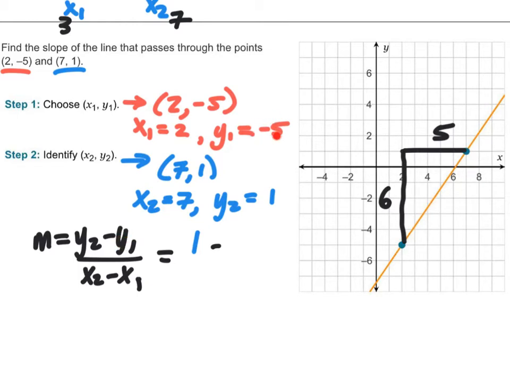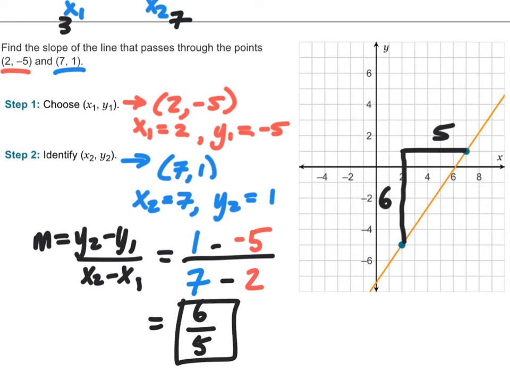Plug negative 5 into that, and that's going to give me 1 minus negative 5, and then divided by x sub 2, which is 7, so I'm going to do 7 minus my x sub 1 value, which is 2. If I do this math, it's going to give me 1 plus 5, which is 6, and then 7 minus 2, which is 5.